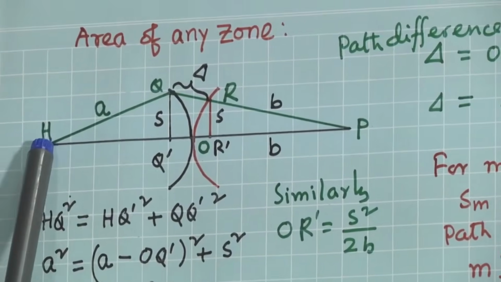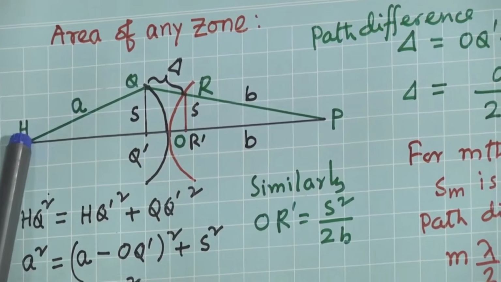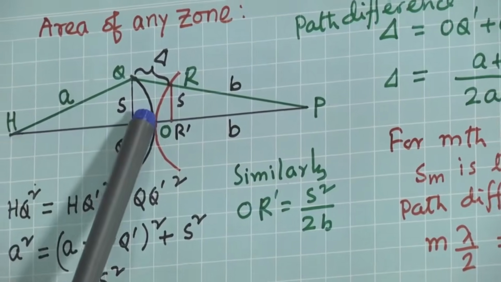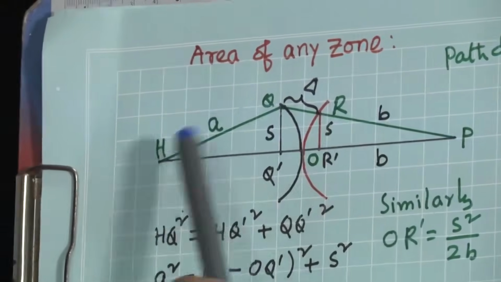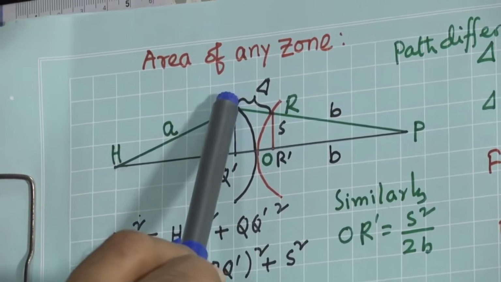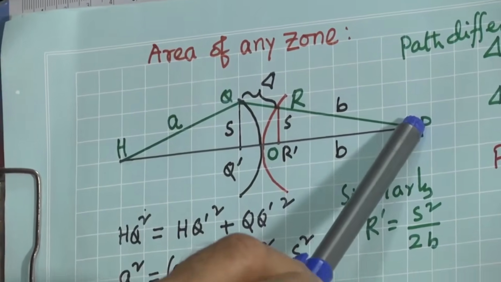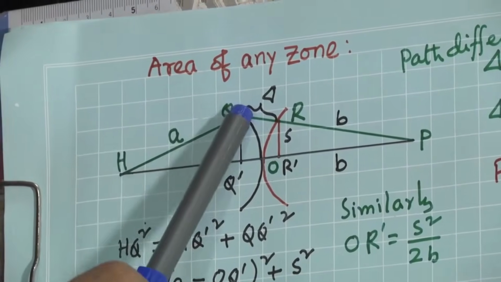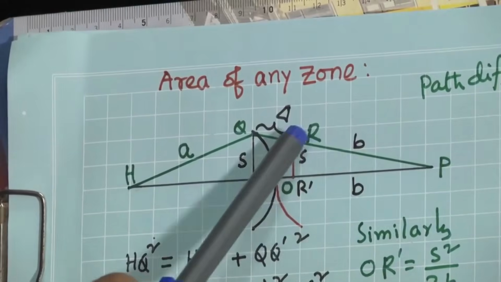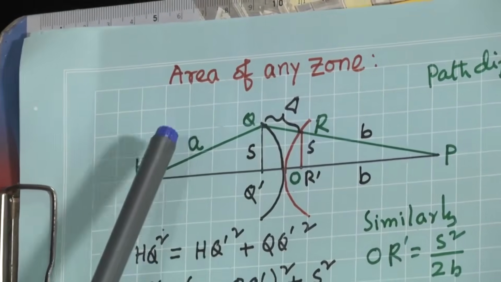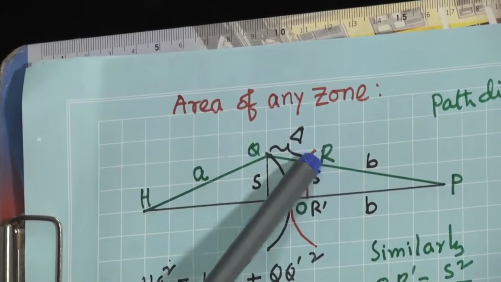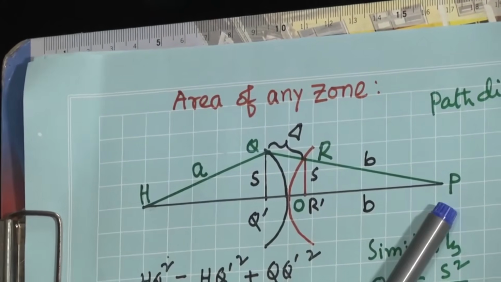Now, light is passing following this path. So, this will be A plus B. And light is also going following this path. This one is A, and this one, the red circle, you can see, is B. So, A plus B and an additional path QR, it has to traverse.